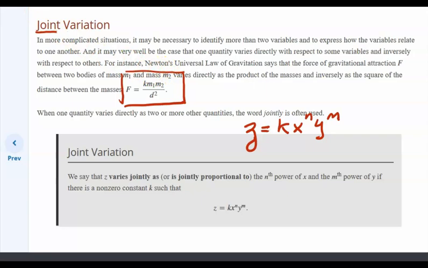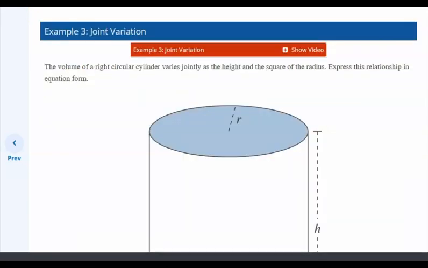All right, let's look at an example. As we look at this example 3 of joint variation, what might you do to write the formula? So take a moment. I'll substitute letters and see what you get. Did you get something like this?